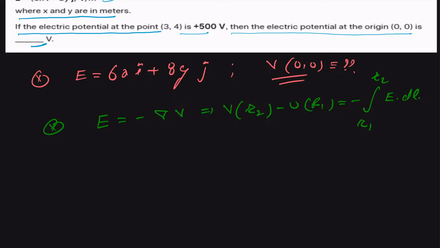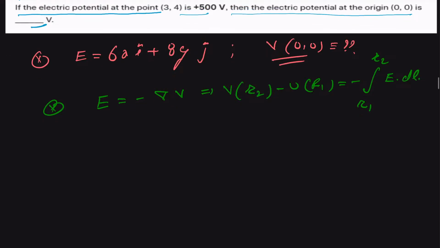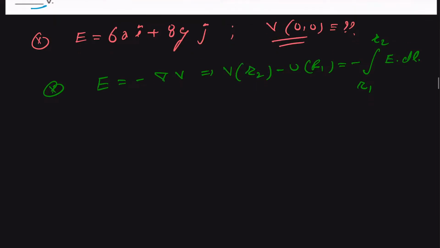This is a relationship between them, and the path will be from our 3, 4, going towards our origin.